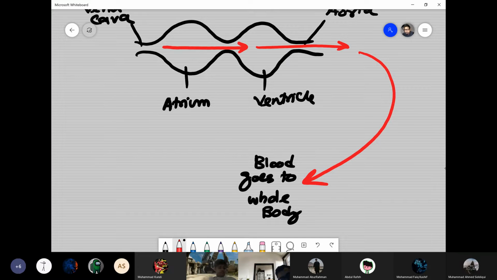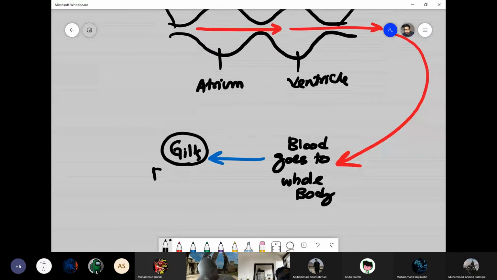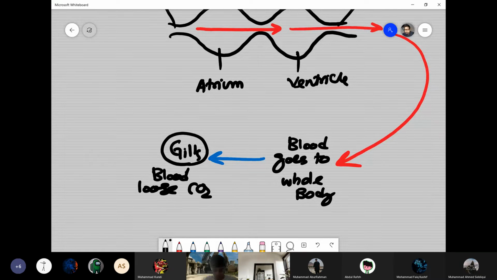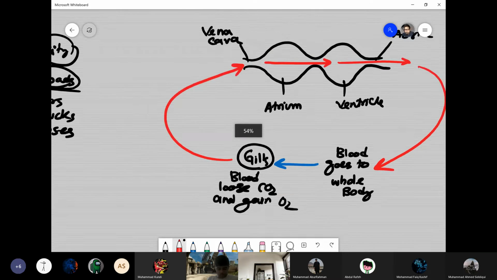Then this blood will move towards the gills. Now in the gills, the blood will lose carbon dioxide and gain oxygen, and again become oxygenated, and this blood will go back into the heart through the vena cava.